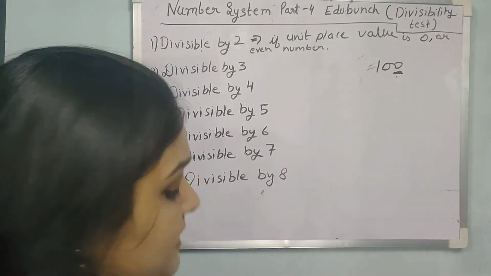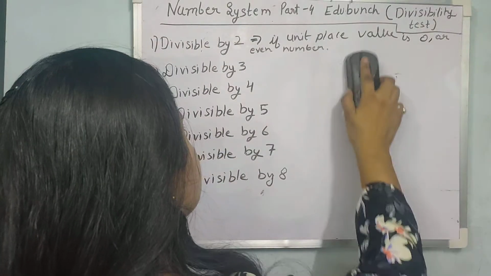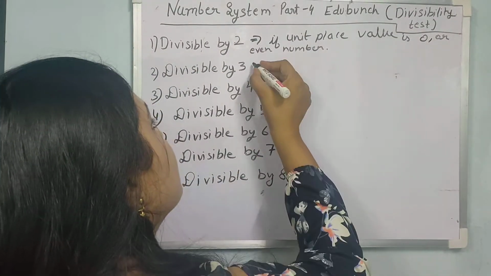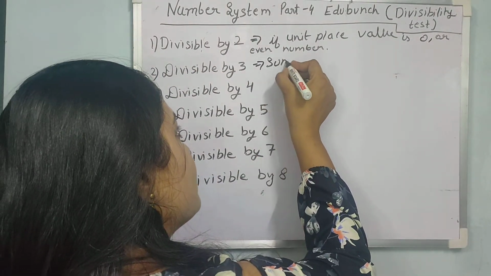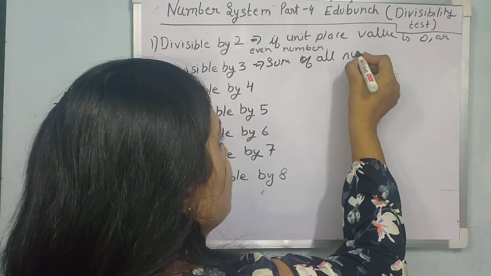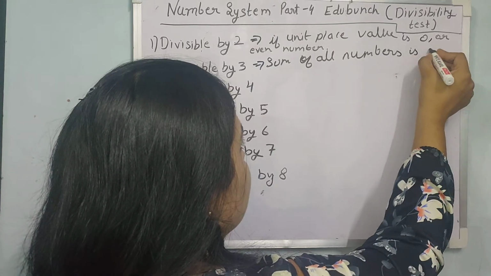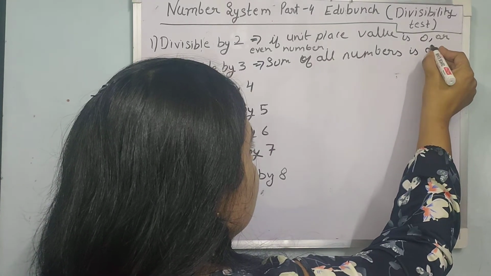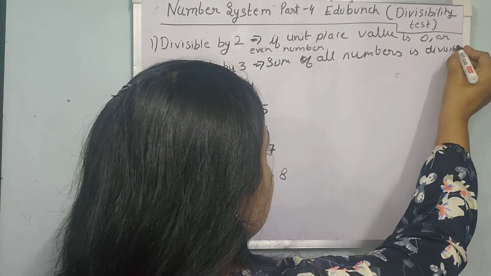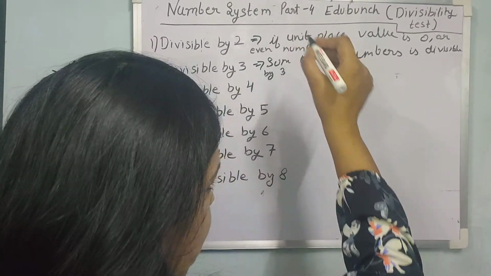Now next, divisibility test for 3. In 3, if the sum of all digits is divisible by 3, then the number is divisible by 3.